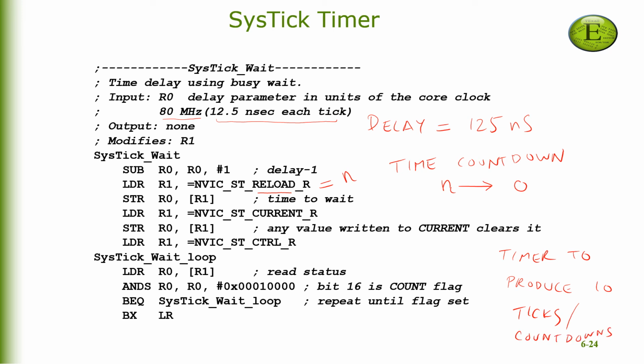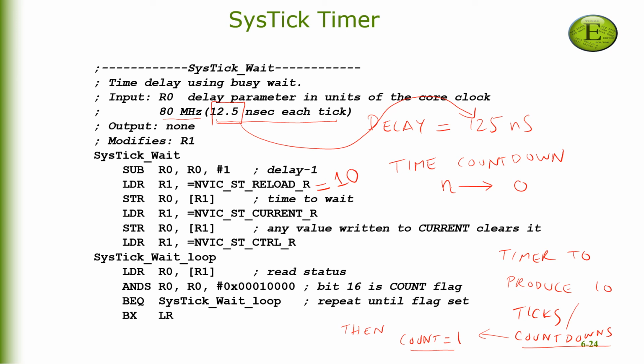We want our timer to perform 10 countdowns. And each countdown takes 12.5 nanoseconds, so that will amount to the total delay of 125 nanoseconds. And after that, the count flag should be set equal to 1.